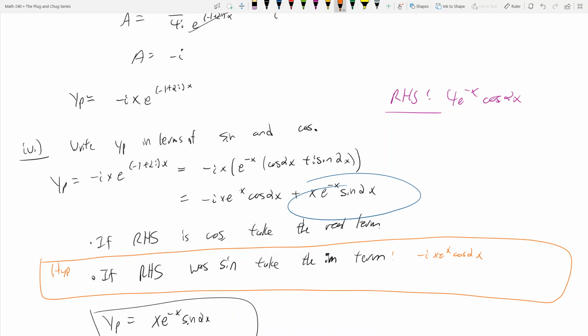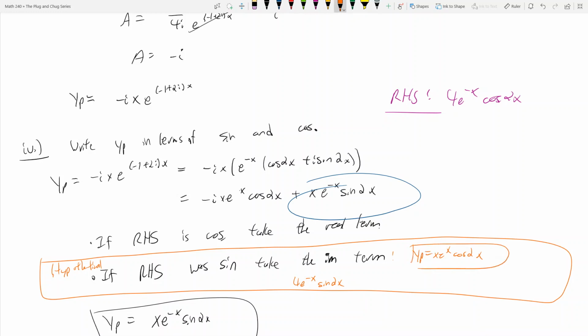So in this hypothetical, if I had 4e to the negative x sine 2x, there's nothing in 4e to the negative x sine 2x that would have an i in it, right? There's nothing here that has an i. So I drop the i, and yp would equal this.